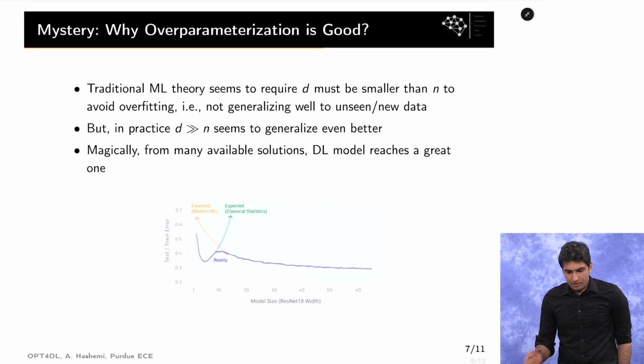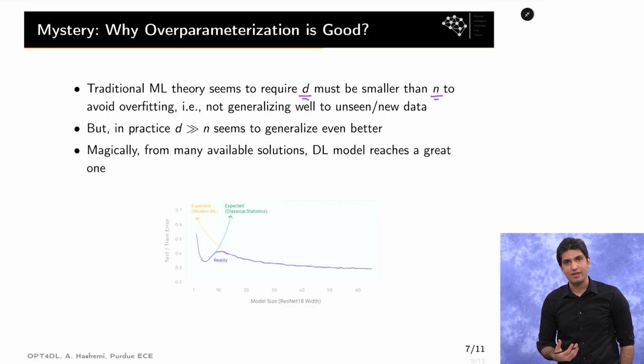All right. The second mystery is about the central role of overparameterization. As I mentioned, almost all of the deep learning models that we currently have and are leveraging in various applications are overparameterized, meaning that they have more parameters than data points. This is a little bit contradictory to the traditional wisdom from machine learning theory, because traditional machine learning seems to require the total number of learnable parameters, d, to be less than n, the number of data points.